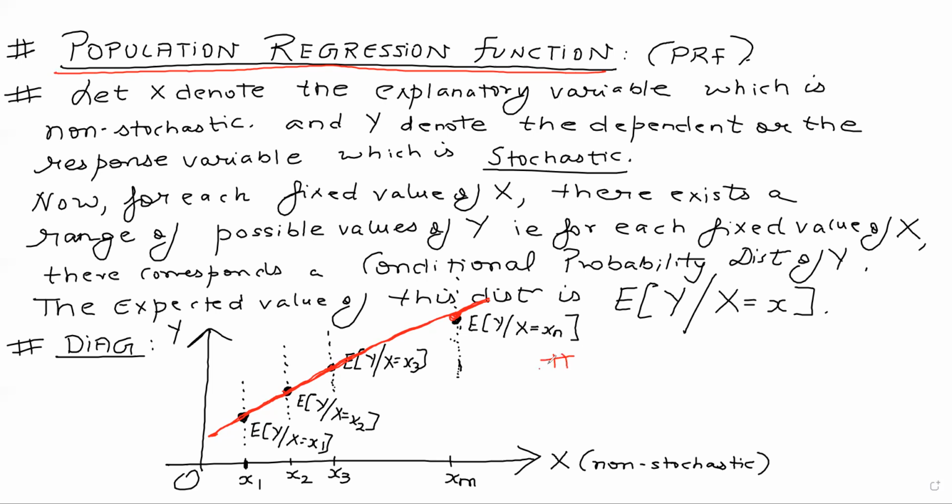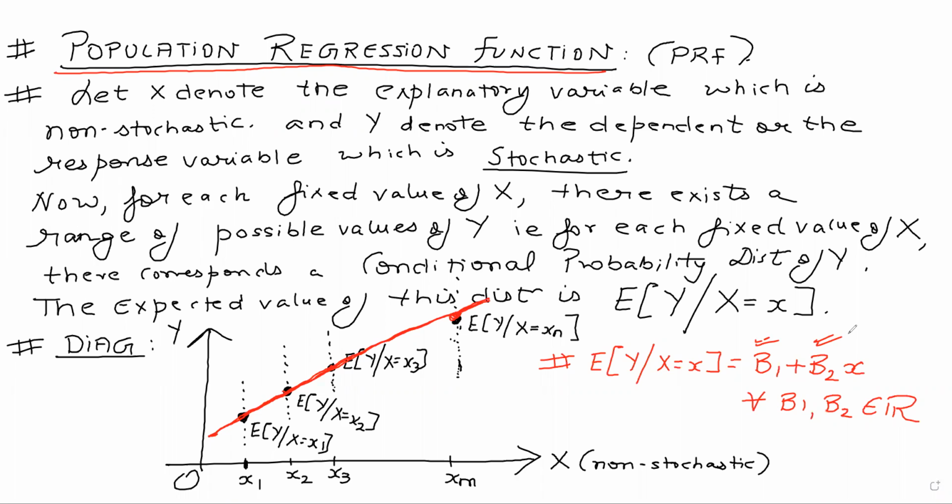I can write it as the expected value of Y given capital X equal to small x is equal to b1 plus b2x, for all b1 and b2 belonging to the set of real numbers. Guys, this is how you write a linear function. This b1 is the intercept term. b2 is called the slope.